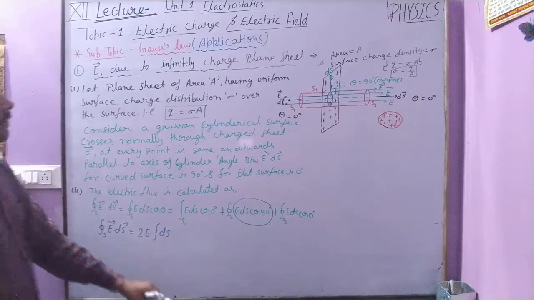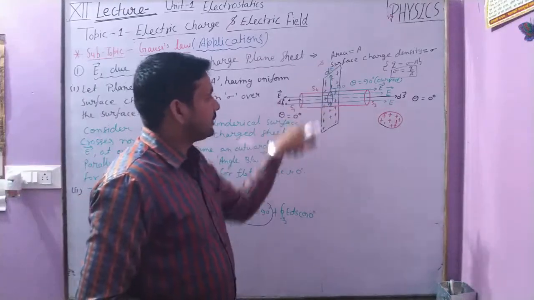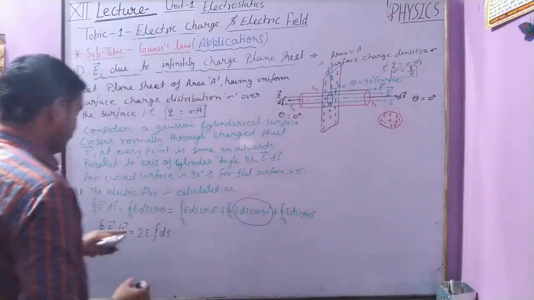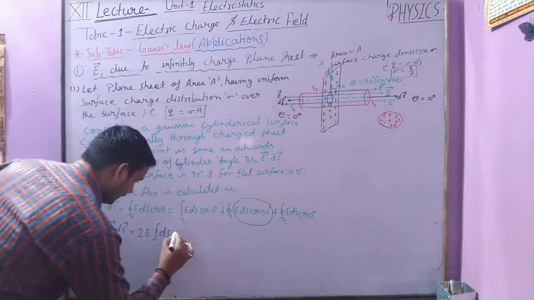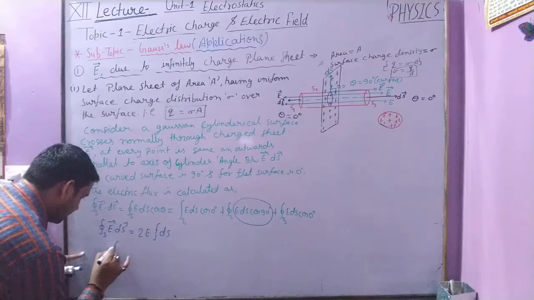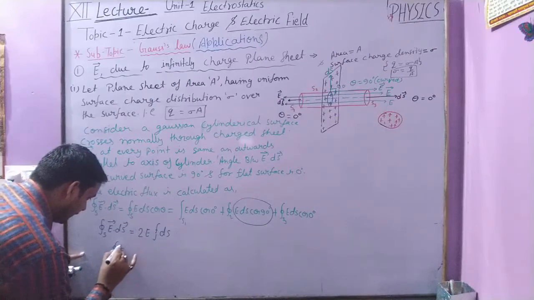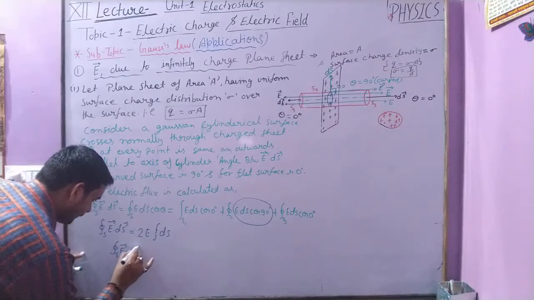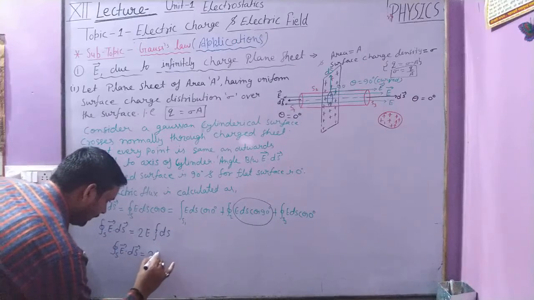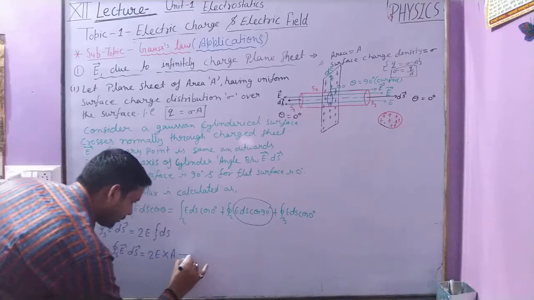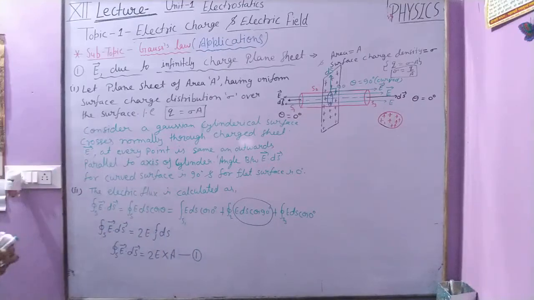Because the area of the charge sheet is A, you can use here this surface integral E dot dS is equal to 2E into A. This is your equation first.